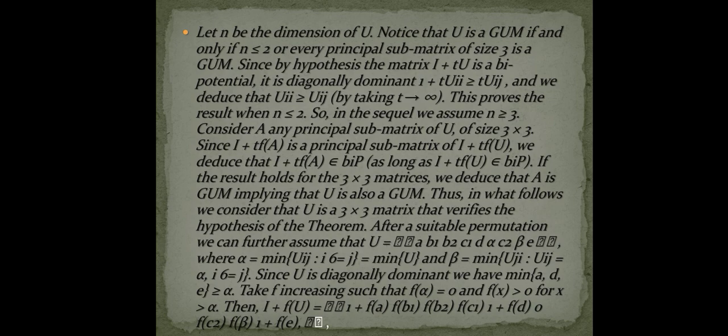Take f increasing such that f of infinity equals f of alpha equals 0 and f of x greater than 0 for x greater than alpha. Then I plus f of U equals the matrix with rows 1 plus f of A, f of B1, f of B2; f of C1, 1 plus f of D, f of C2; and so on.